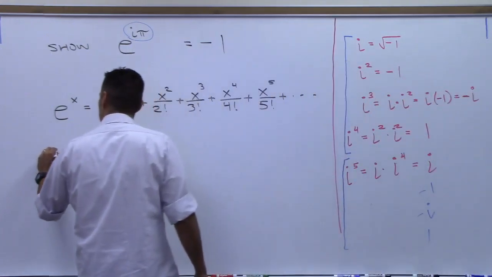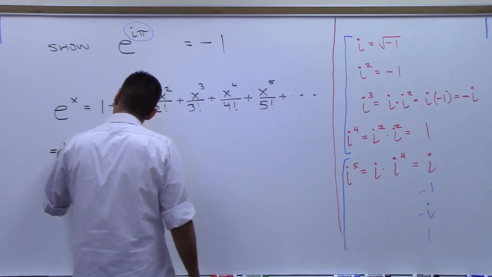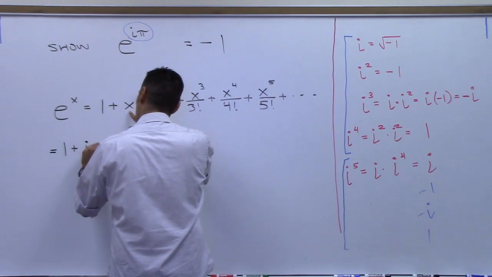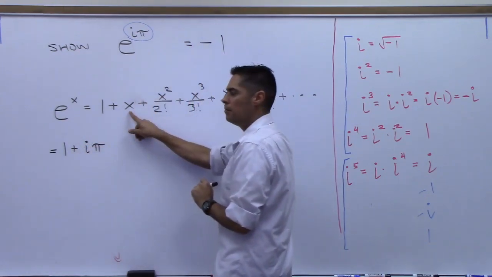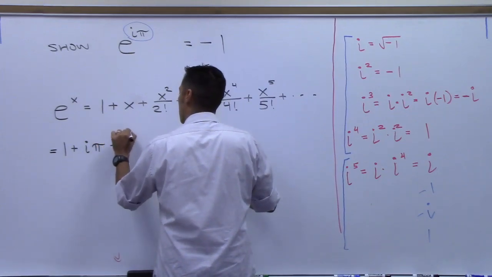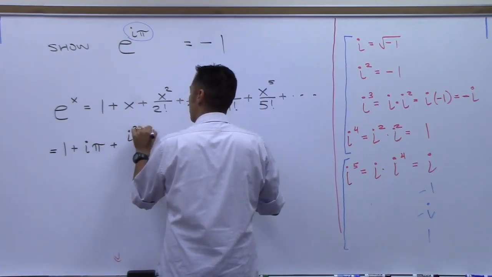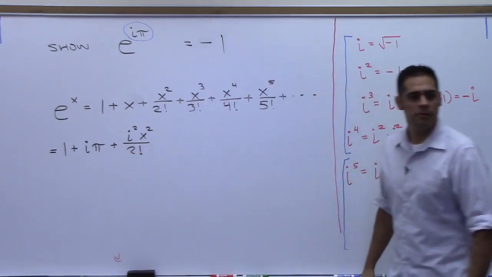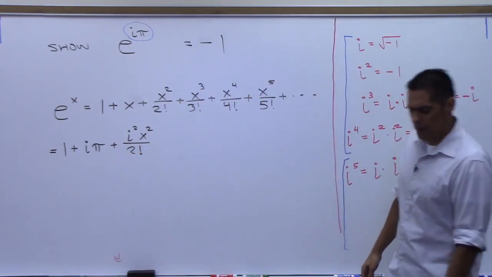All right, this is equal to 1 plus what? i pi. With me? All right, x squared would be i squared pi squared over 2 factorial. Where's the pi at? Yeah, I forgot the pi.